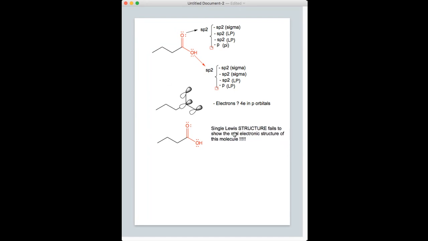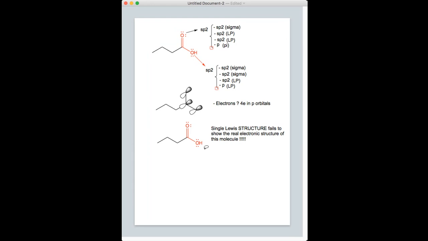This is a limitation of a Lewis structure, because it is not showing any kind of pi bonds here. So one Lewis structure fails to give you an accurate representation of the electronic structure of the real molecule. So something must be done to resolve this.